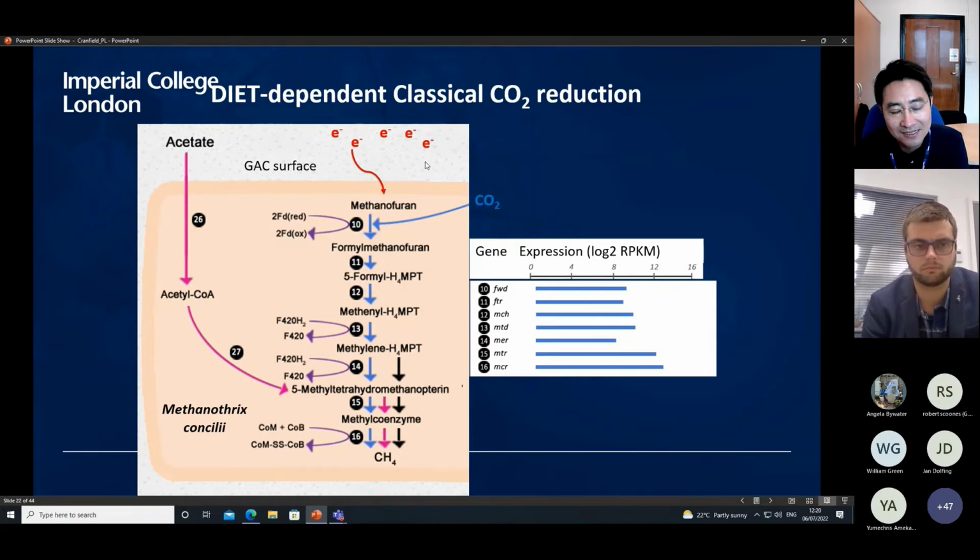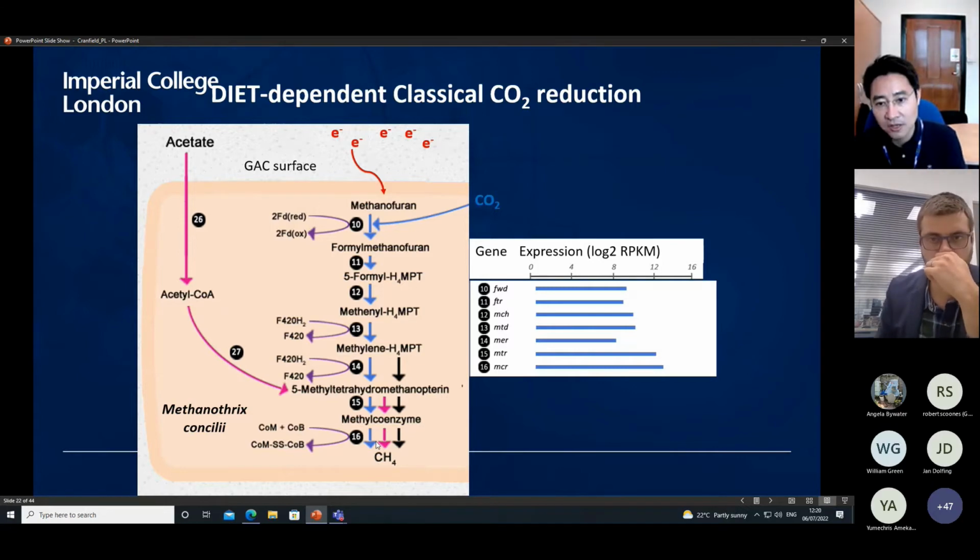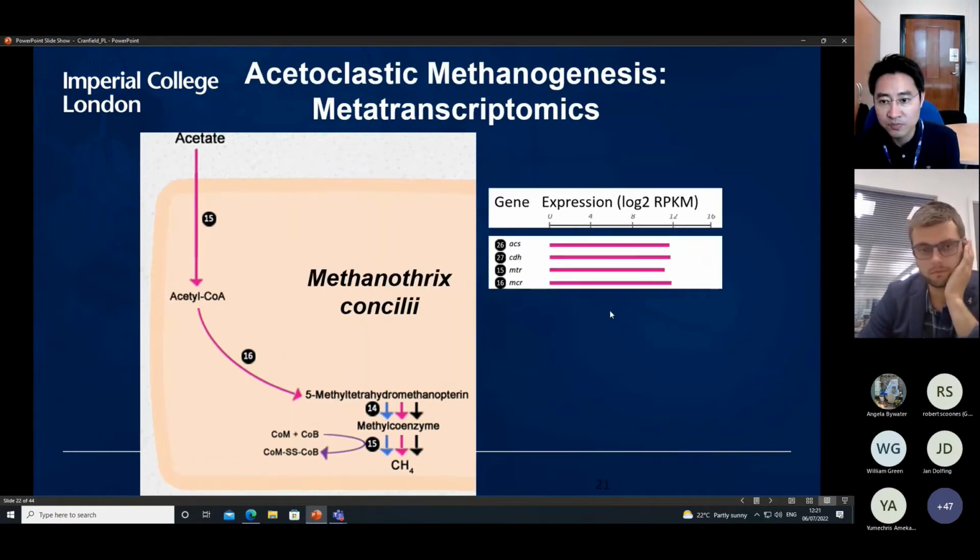The other one will possibly be in DIET, direct interspecies electron transfer, getting the electrons out from Geobacter through GAC and taking them over to methane. The other interesting RNA metatranscriptome result also shows really good gene expression, and compared to the previous one, it is pretty highly expressed.